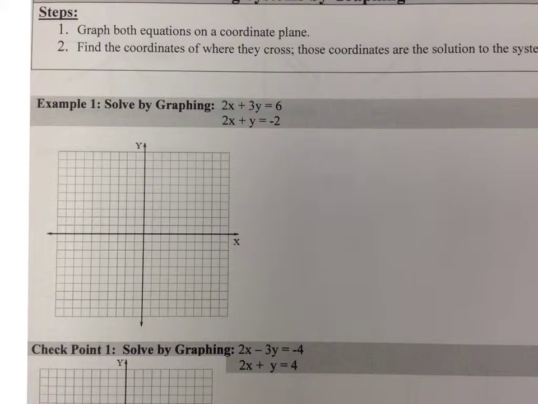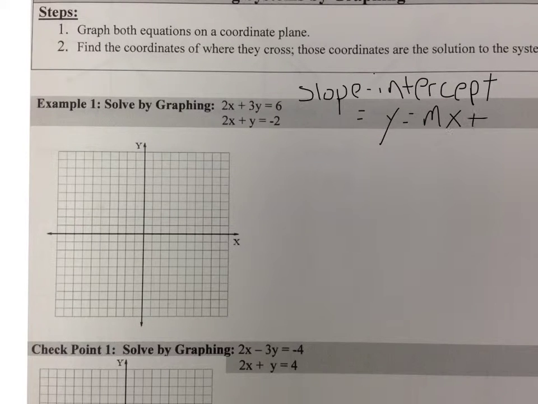The easiest way to graph lines is to put it in what's called slope-intercept form. And the intercept is the y-intercept. The slope-intercept form is y equals mx plus b. You probably remember that from Algebra 1.